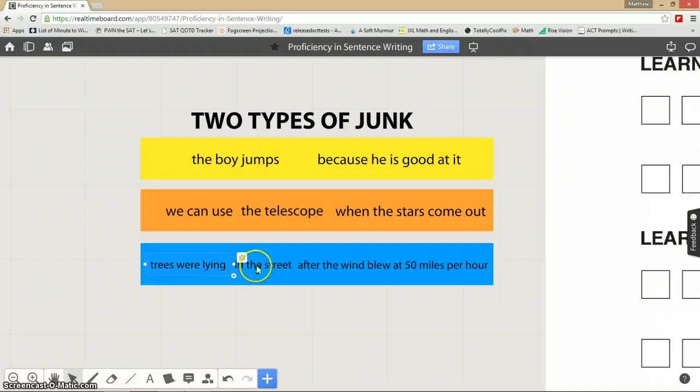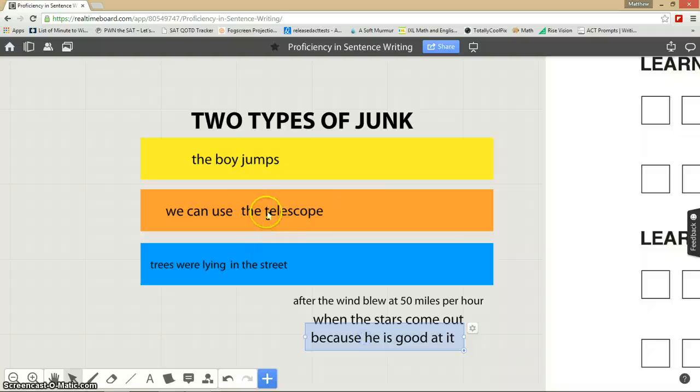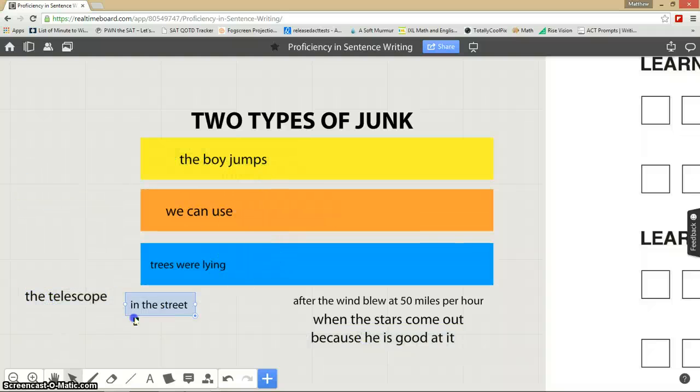The trees were lying in the street is junk, but that is not a dependent clause, because if you get rid of in, you just have the street, not a full sentence. The wind blew at 50 miles per hour. Now that's a sentence. This is a dependent clause. This is a dependent clause. This is a dependent clause. These are just light bits of junk. These are heavy-duty bits of junk.